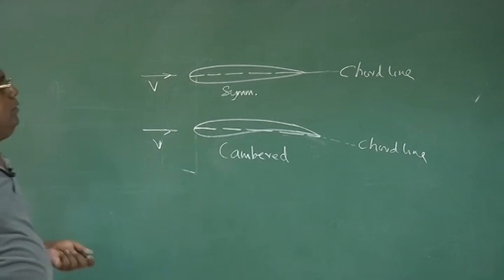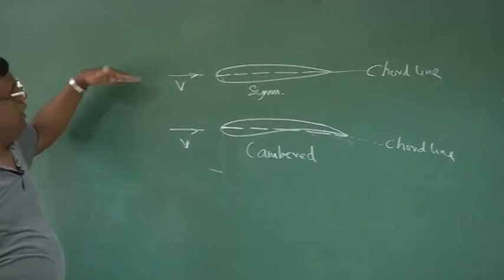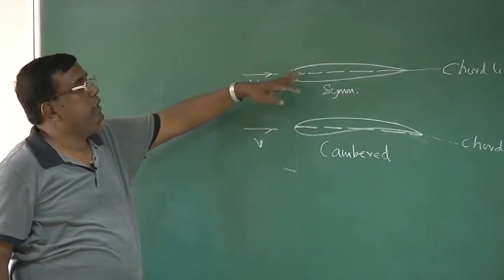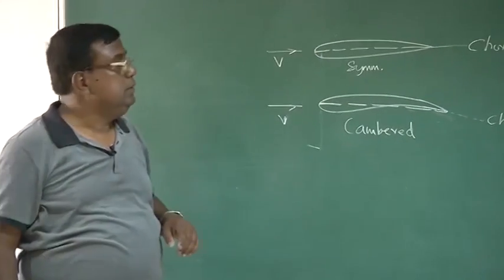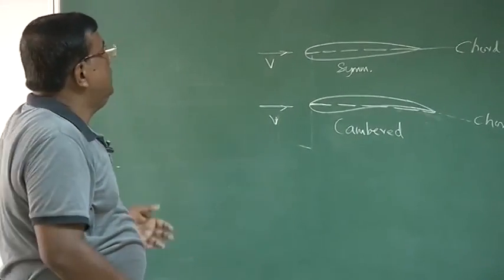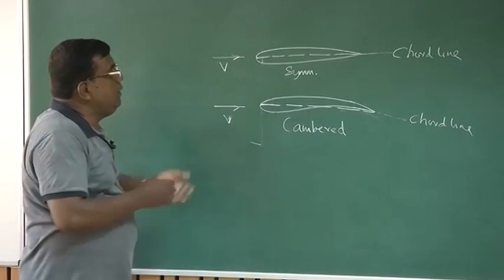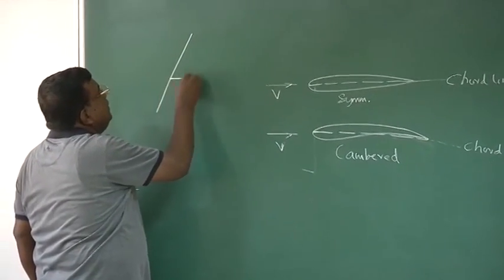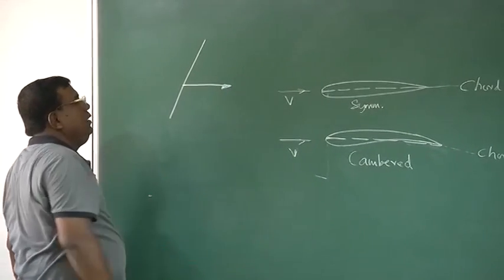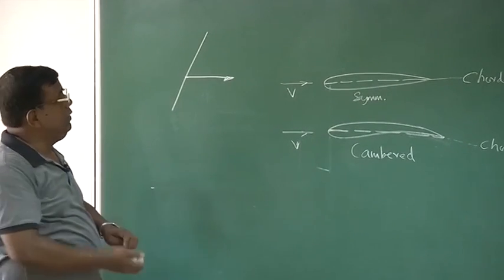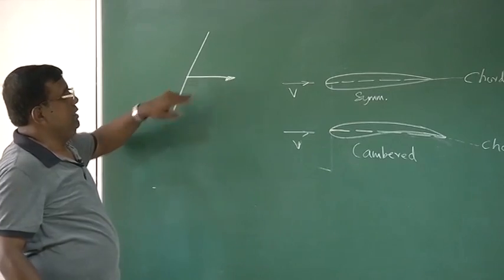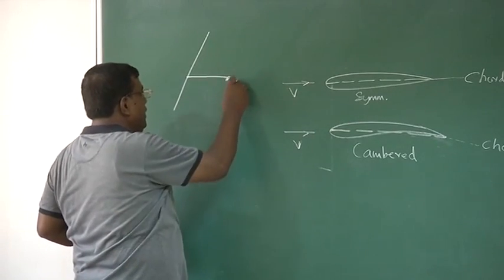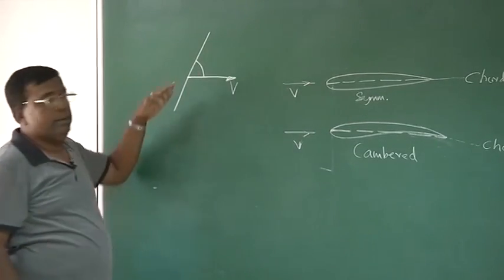Now, what is in your mind? If the air is coming like this, do you think this will produce any lift? The answer is no, because as per George Cayley's guideline on the concept of generation of lift, lift will be generated when there is an angle between the velocity and the surface.